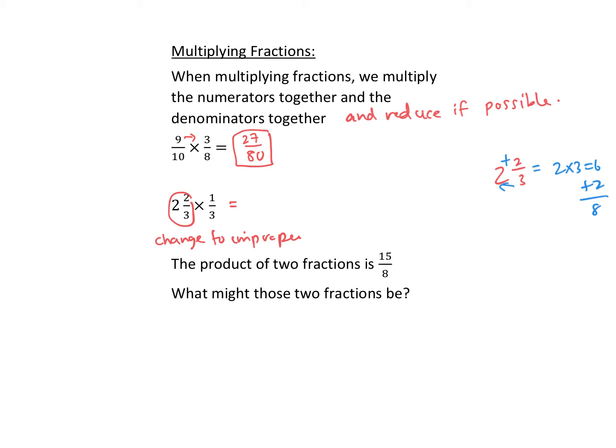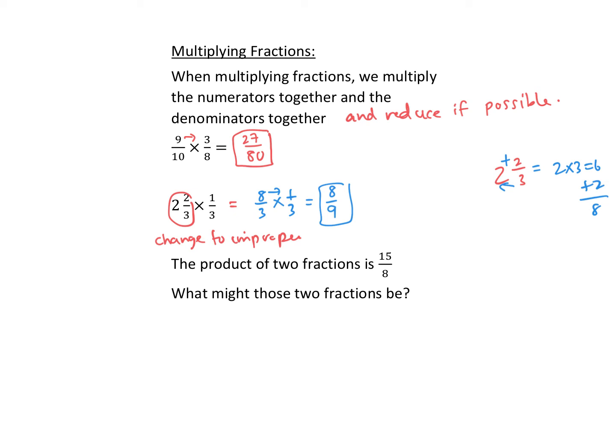That's 8. So that's 8 over 3 times 1 over 3. Multiply the top, 8 times 1. Multiply the bottom, 3 times 9. So if you have a mixed fraction, you need to change it to an improper.